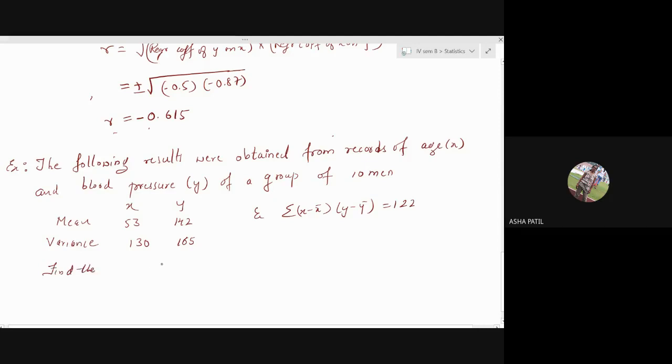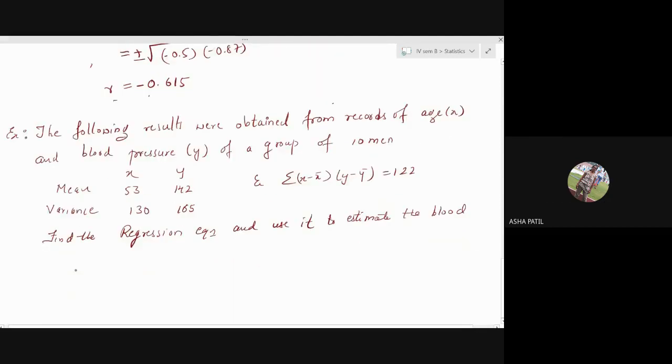Find the regression equation and use it to estimate the blood pressure of a man whose age is 45.